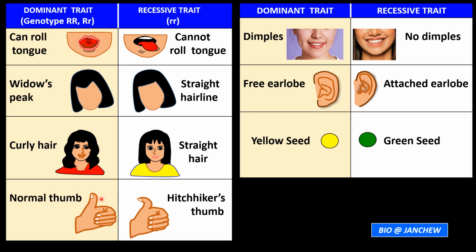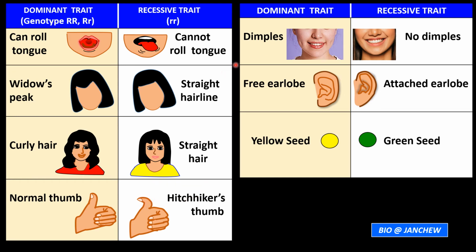Normal thumb is a dominant trait, but there's a type of thumb where the thumb bends backwards. Okay, like when a hitchhiker is trying to thumb a ride, they will angle the thumb backwards. They will try to do that. So this one is the thumb can bend backwards, almost at a right angle sometimes.